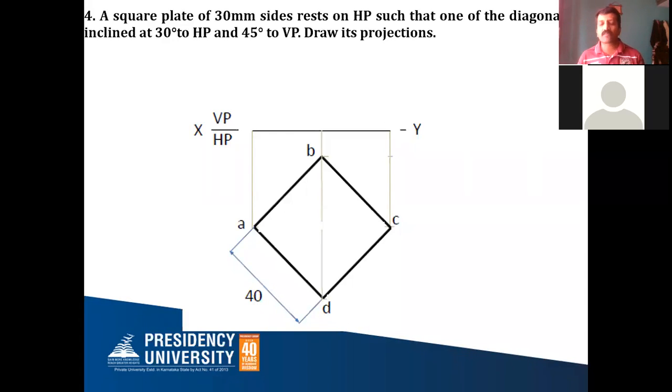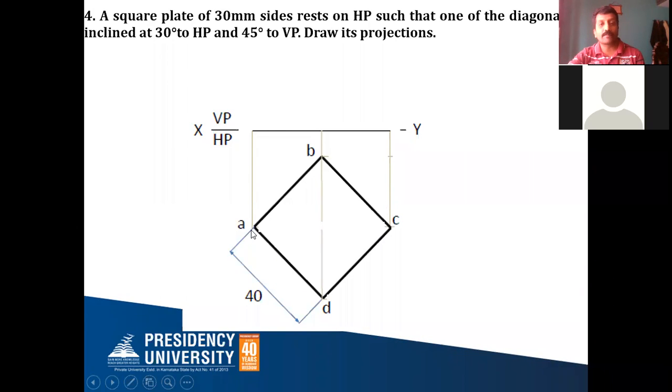So you draw a square such that any one of the corners should come on the left side of you. How to draw a square, we already discussed in the last class. Draw one horizontal line, and take any one point on it.